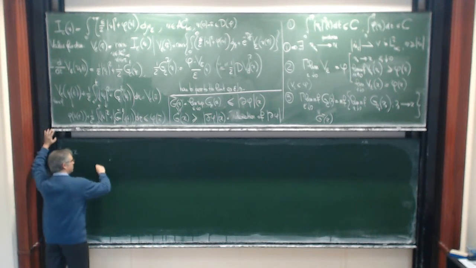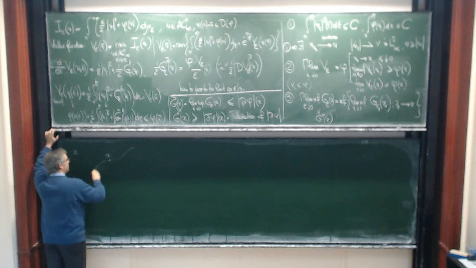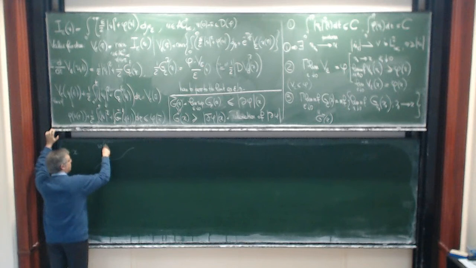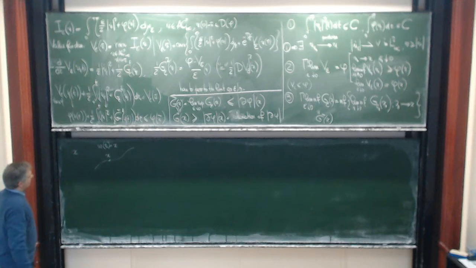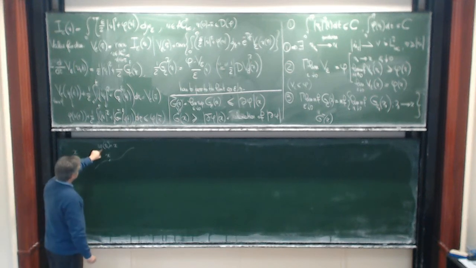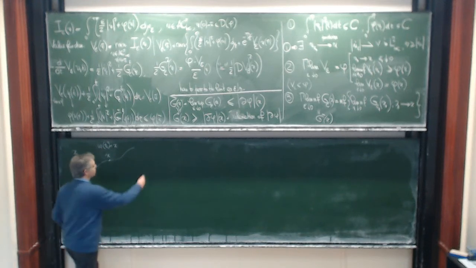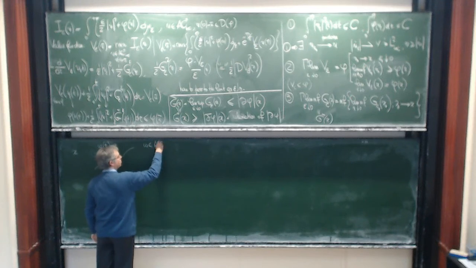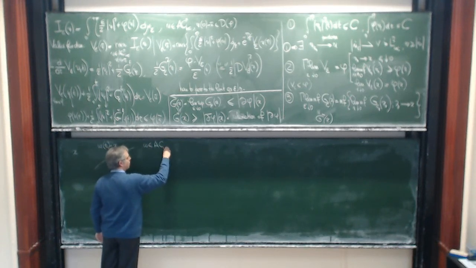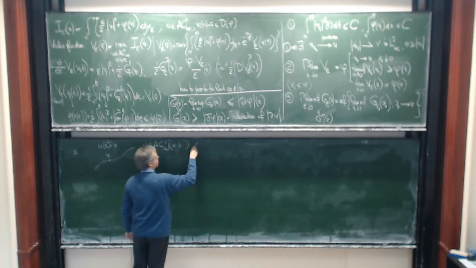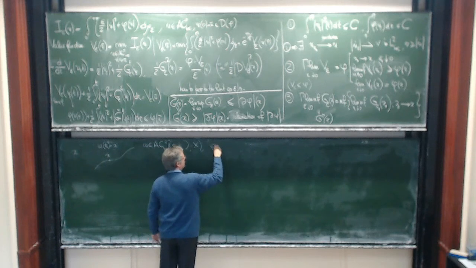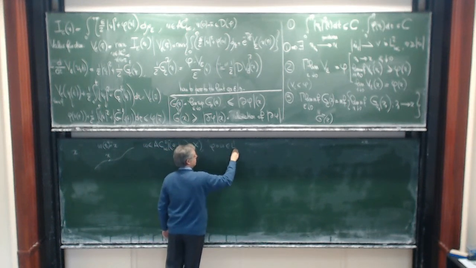The idea is that you have a point x here, and take an arbitrary curve w, passing at some point t0 is equal to x, and assume that w is as usual AC loc of some interval with values in X, and phi composed w is in L1 loc.